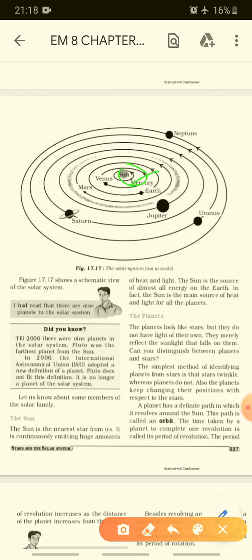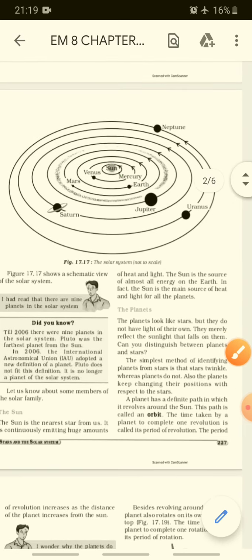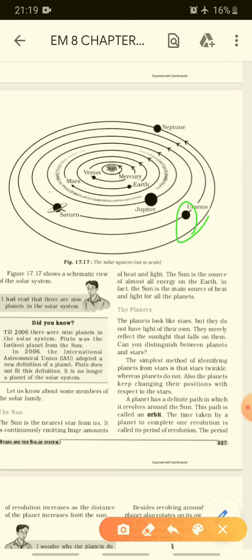Mercury and Venus are very close to the sun, so they take less time. And Uranus and Saturn are far away, so the distance is more and the period of revolution increases. It has its own path which is known as orbit.